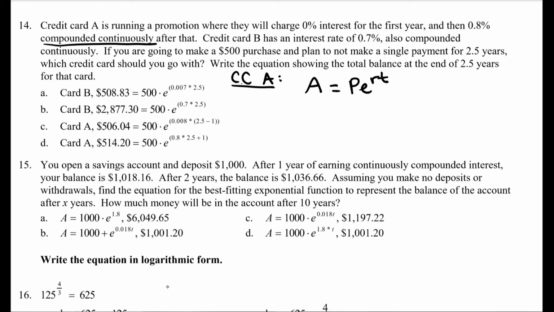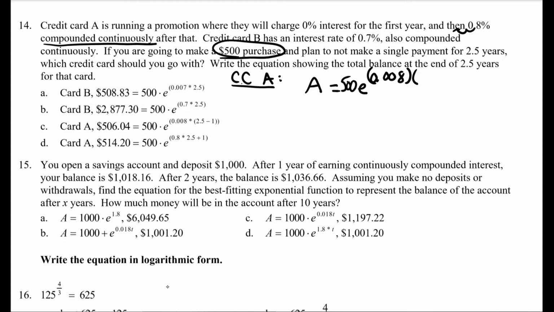P is the purchase, so if you're making a $500 purchase, that's P. E is just a number, so we're going to leave it as E. The interest rate is 0.8% for credit card A, which is 0.008. Remember to move the decimal place twice to the left. And then we're going to multiply that by the time, which is 2.5 years.